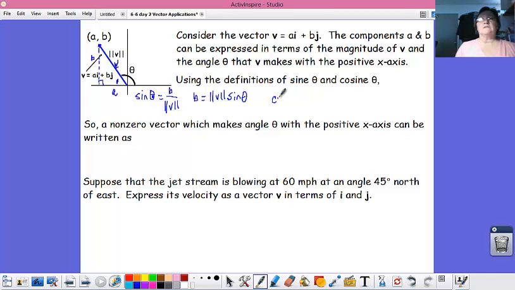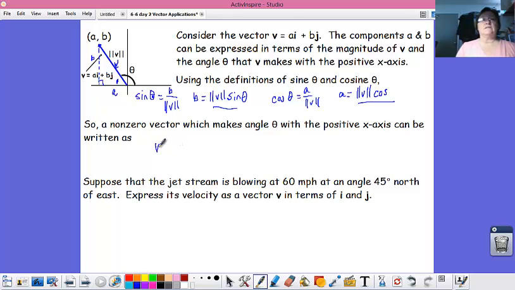We can do a similar thing with the cosine of theta there. It would be equal to a over the magnitude of the vector. It would follow then that a would equal the magnitude of the vector times the cosine of theta. So we have expressions that can be substituted in for a and b. We can rewrite this vector definition in terms of the sine and cosine of the angle that it makes with the positive x-axis.